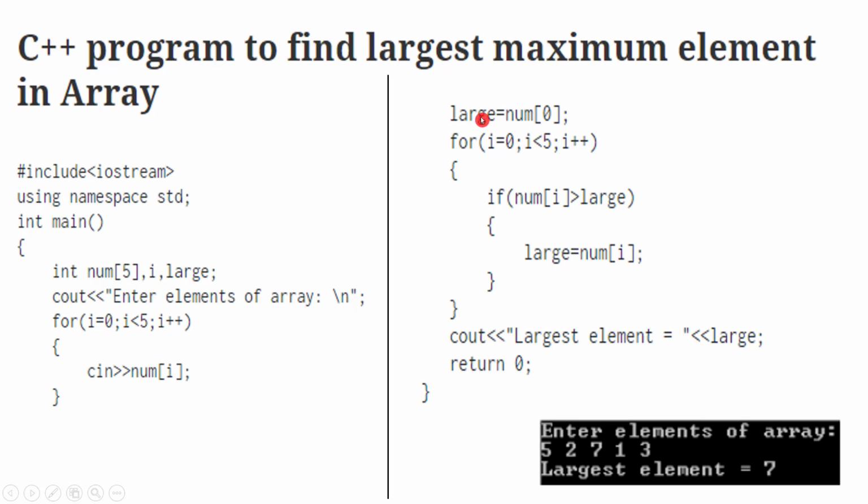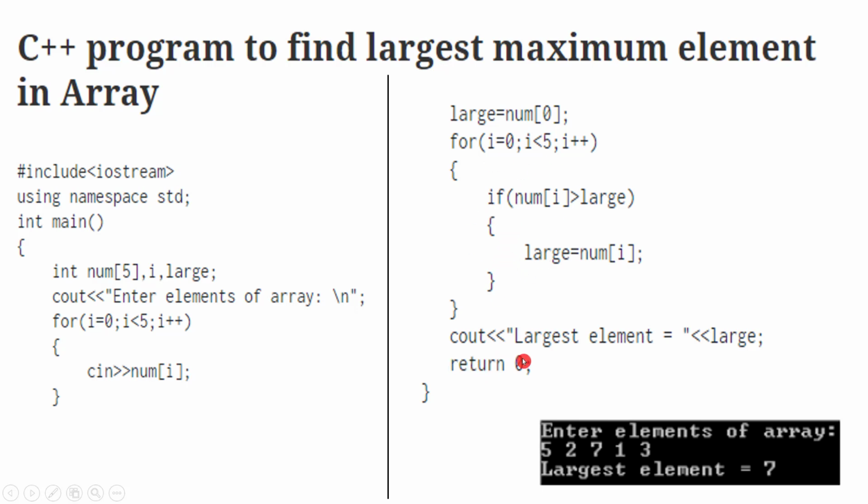In the second loop, i equal to 1, the second value 2 will come. Is 2 greater than 5? No, so this is not correct. This will keep on going, and only when 7 comes, 7 is greater than 5, yes, so large is equal to 7. Then 1 and 3 are lesser than 7, so the value 7 will be the output from this.